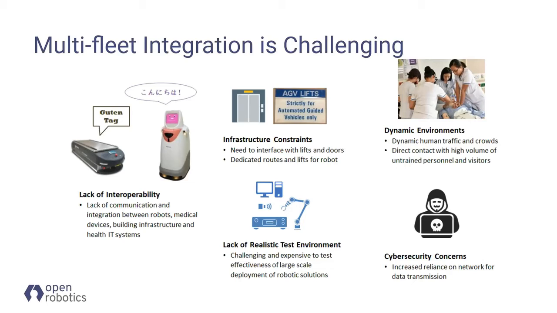It's very expensive: if you have a big environment where you want to deploy robots, you can't recreate it as a testing environment of that size. And of course there are cybersecurity concerns in many different ways, like increased reliance on the network for data transmission and many other security concerns that can arise out of this.